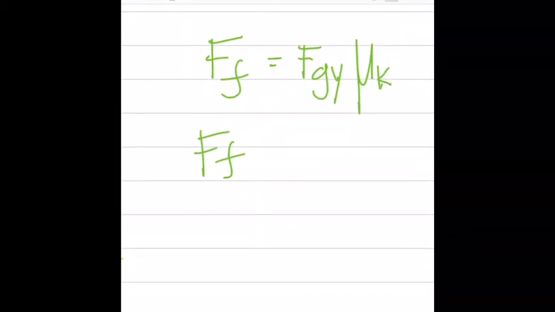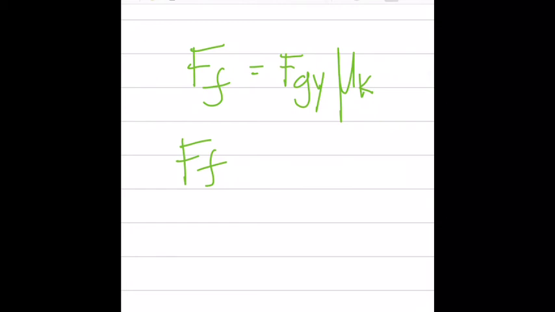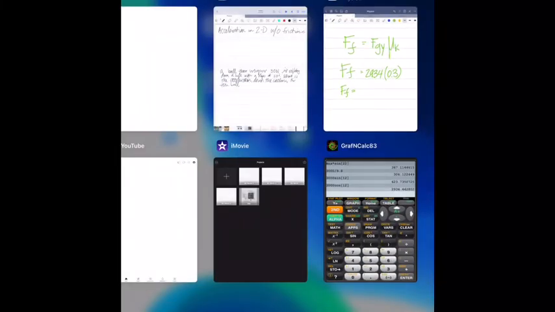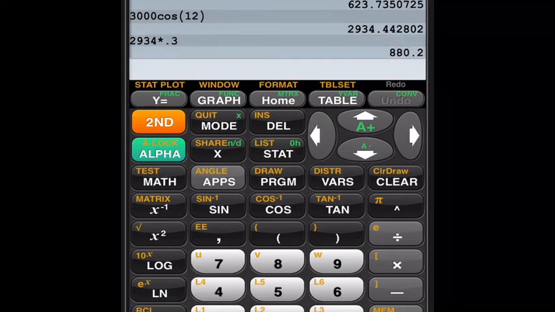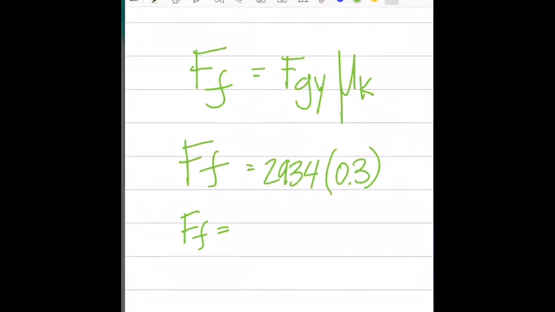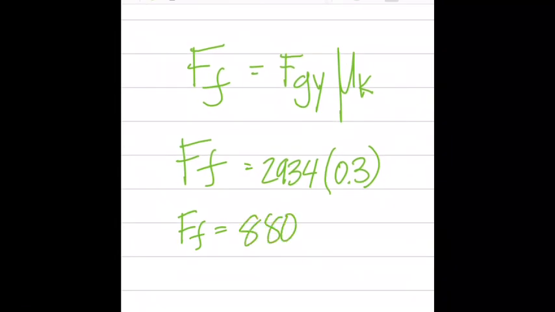Okay, so we can now put this back in this equation over here. 2934 times 0.3 from the question, the coefficient of kinetic friction. So frictional force is 2934 times 0.3. 2934 times 0.3 is 880. All right, this is in newtons.